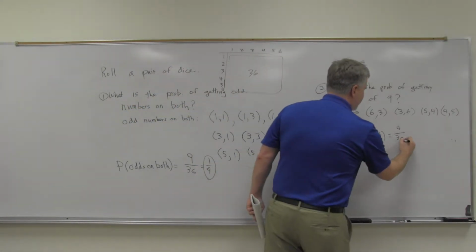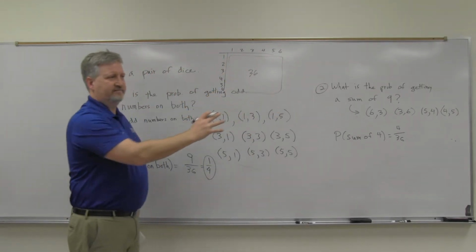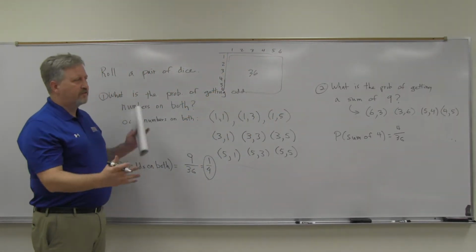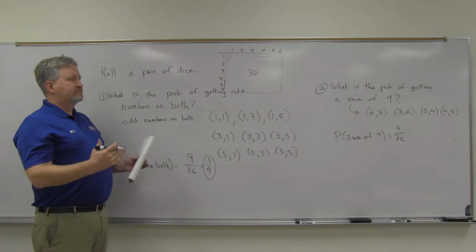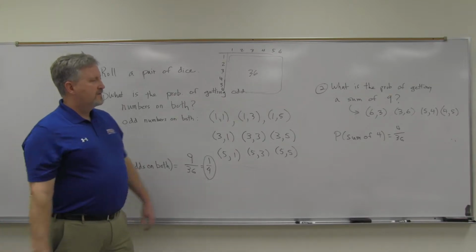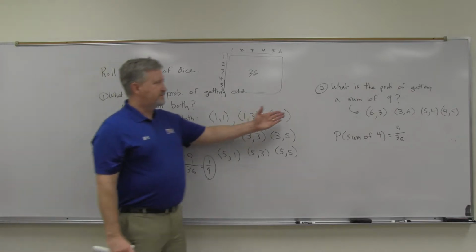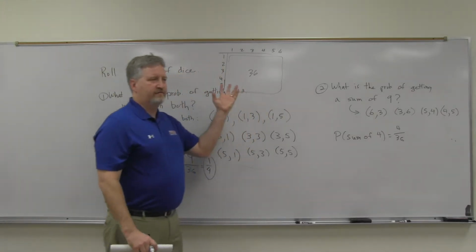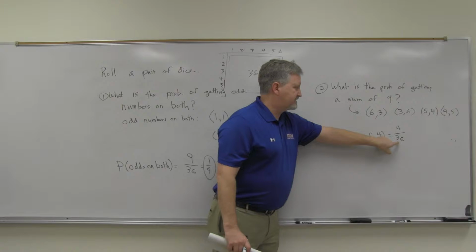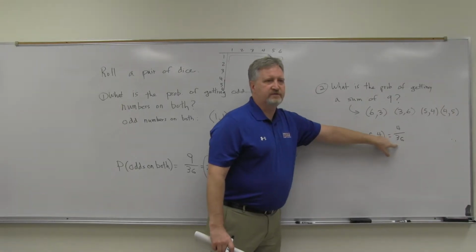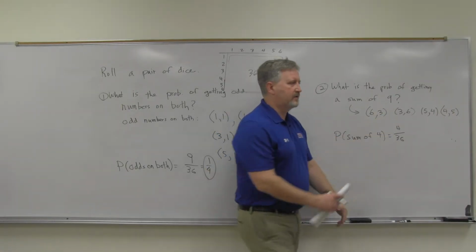We're still talking about the same 36 possible outcomes, even though some of them have the same sums. We're still counting all 36 possible outcomes. So that reduces, got 1 out of 9.